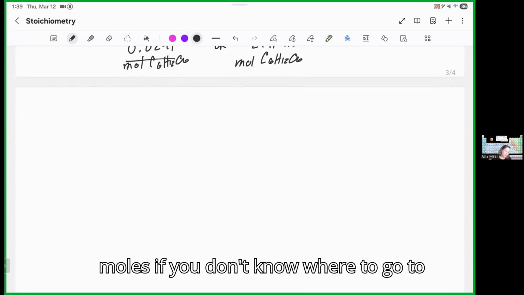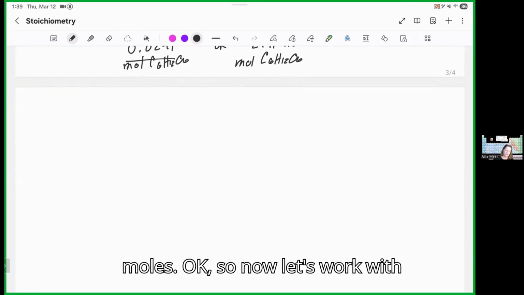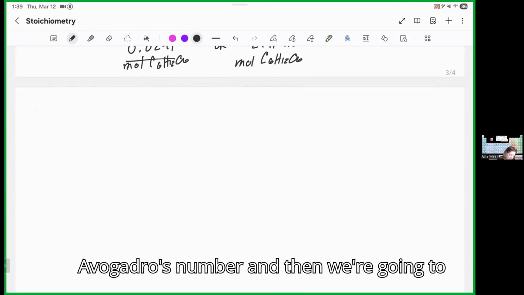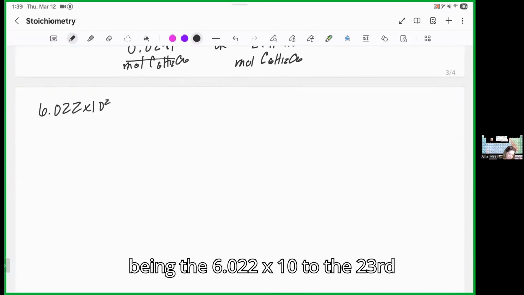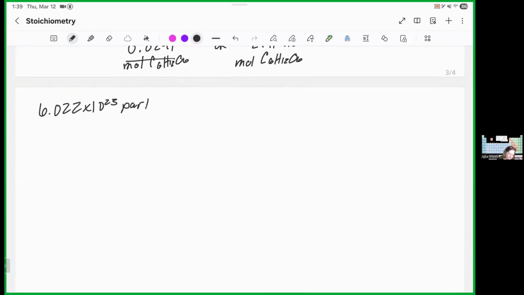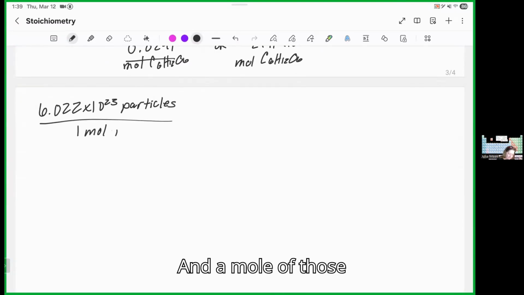Okay, so now let's work with Avogadro's number, and then we're going to mix the two. Avogadro's number being the 6.022 times 10 to the 23rd particles in a mole of those particles.